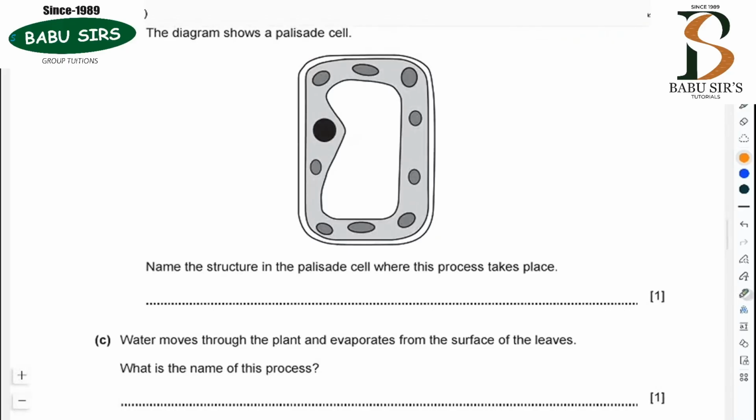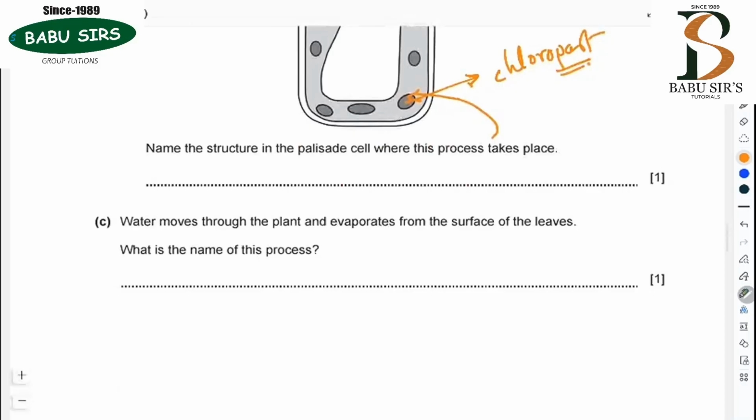The diagram shows palisade mesophyll. Name the structure in the palisade mesophyll where this process takes place. So photosynthesis process takes place here. This is called the chloroplast. Next is water moves through the plant and evaporates.